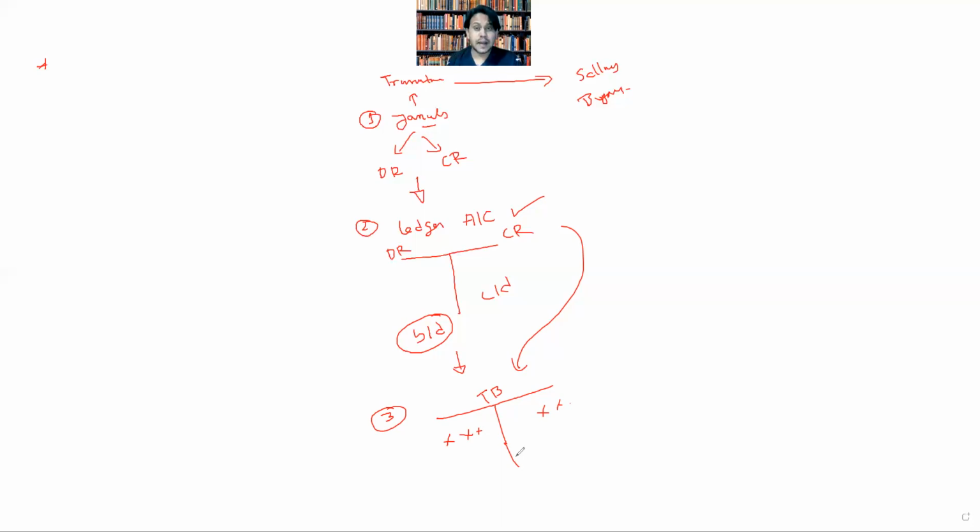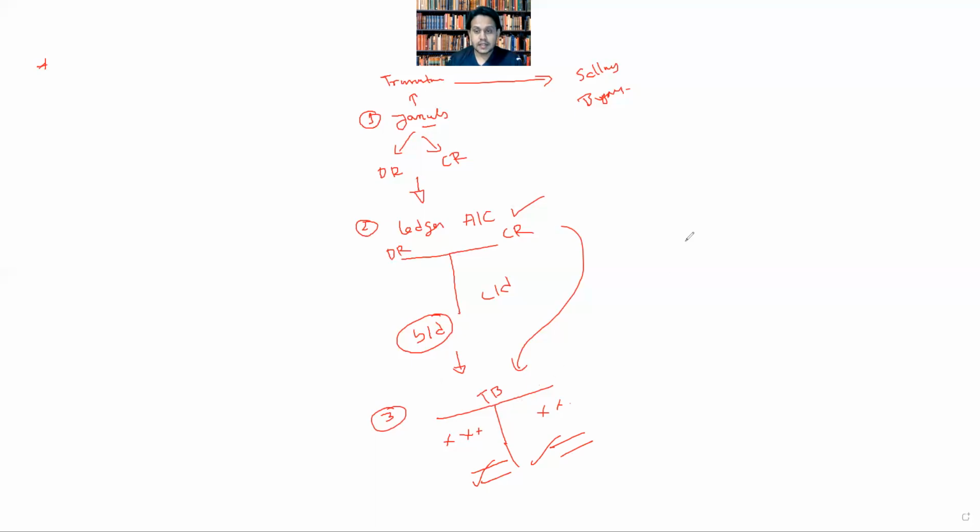The general ledger balance we move later on to the trial balance. And ideally, the trial balance should balance. Ideally, the trial balance debit side and credit side should be equal.